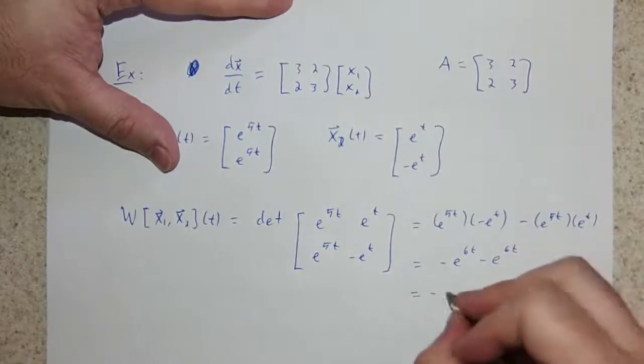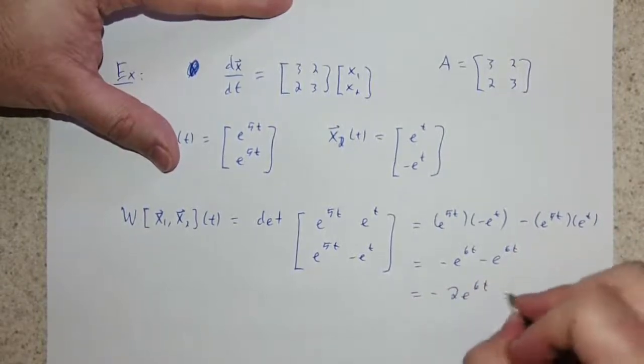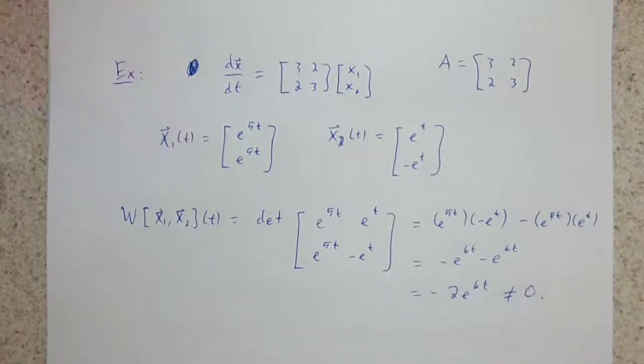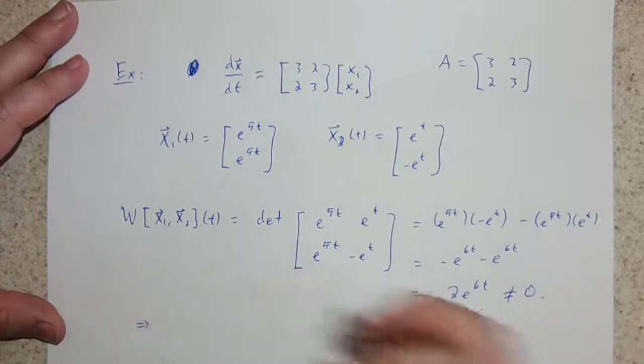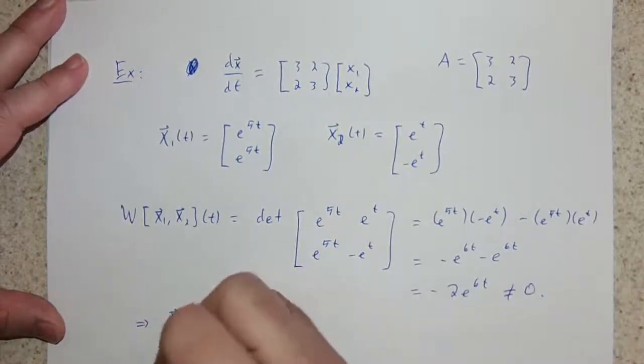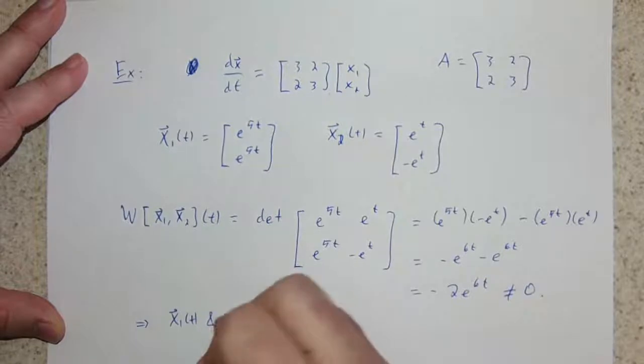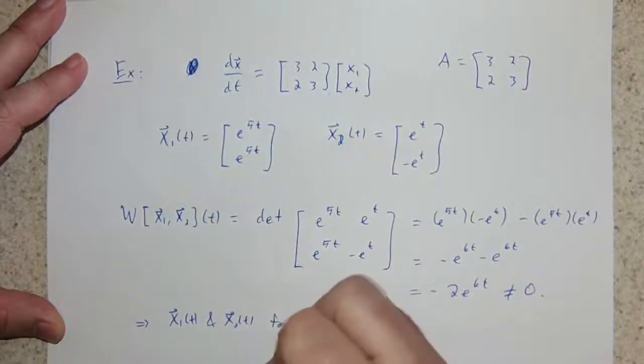So this is minus 2 e to the 6t, and that is not 0 everywhere, right? And so x1 and x2 are linearly independent. They form a fundamental solution set, right? So x1 of t and x2 of t form a fundamental solution set.